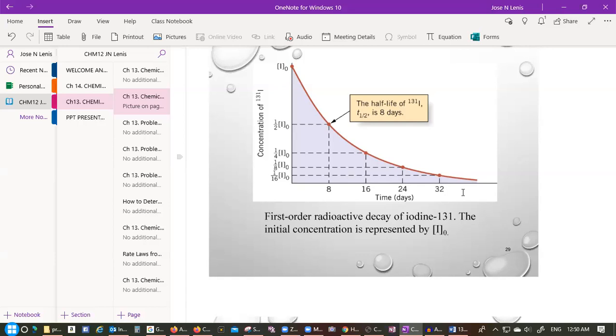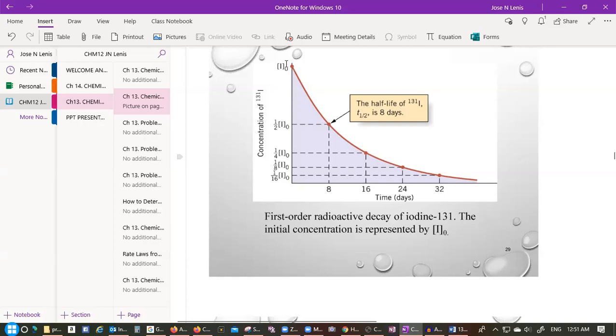When we graph concentration of iodine over time, let's say the initial concentration is here, and it happens for this case that after 8 days the material decays to exactly half of the initial amount.